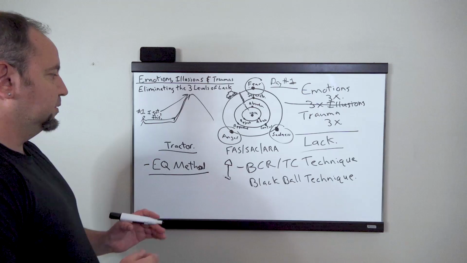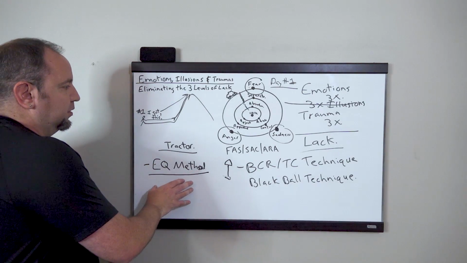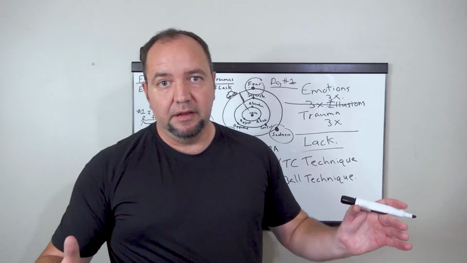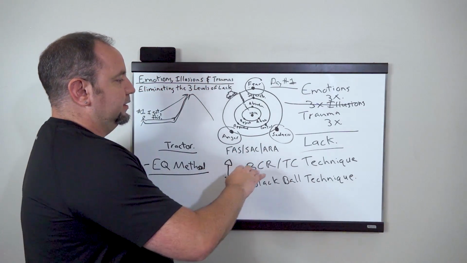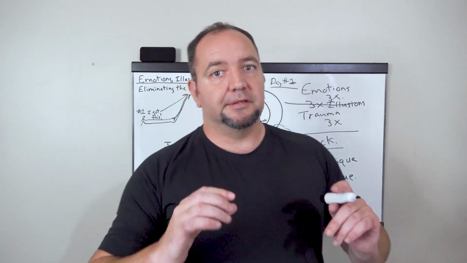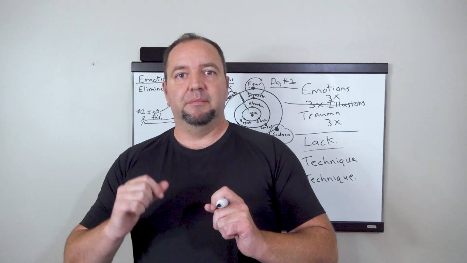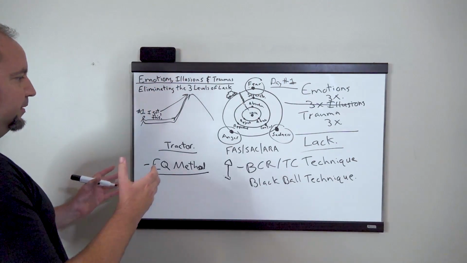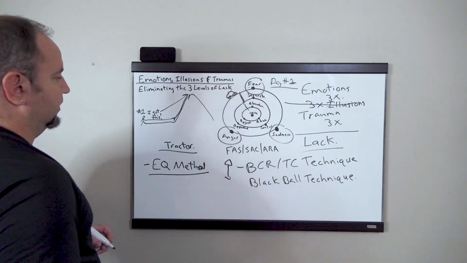So in a nutshell, what's being said is that the EQ method goes deeper a little bit more quickly, whereas the BCR and TC technique is smaller and quicker, but it doesn't take out as much dirt. Okay? That's the difference between these techniques altogether. Right?